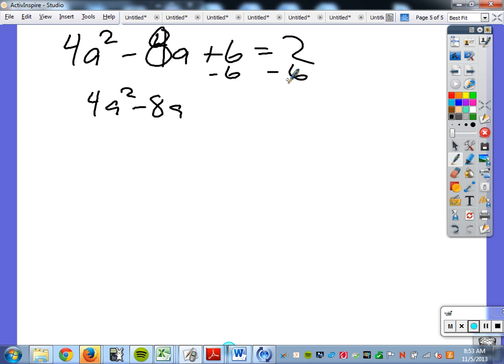So therefore, I'm at negative 4. Have I changed the value of my equation? No, I have not. Ready? Okay. What's our first step? We pull out the 4, don't we?